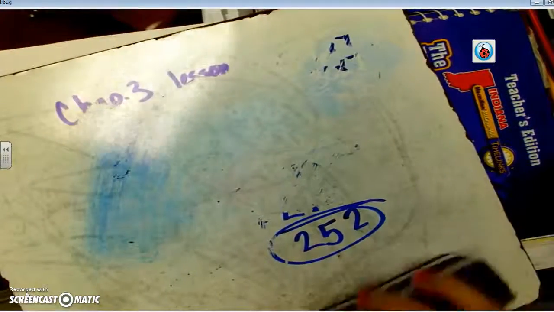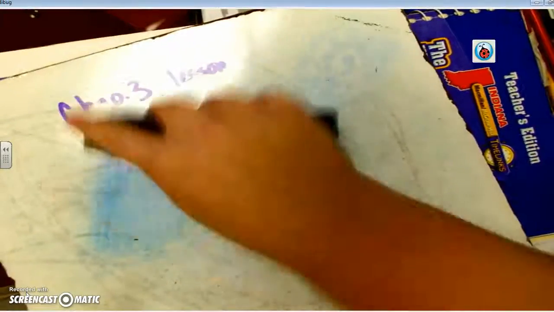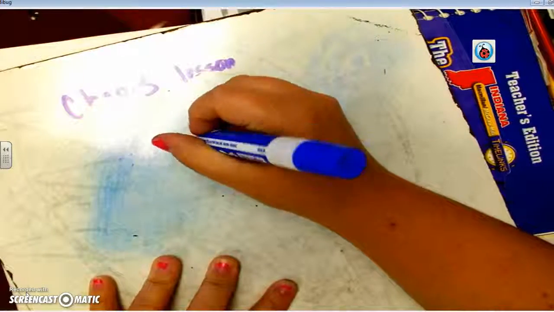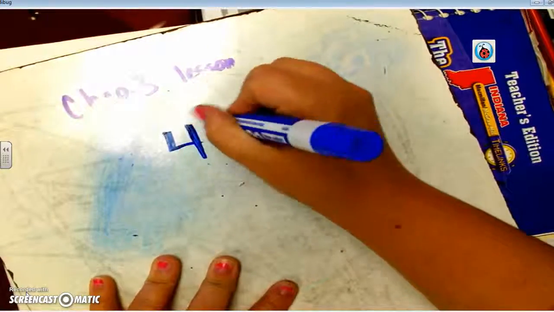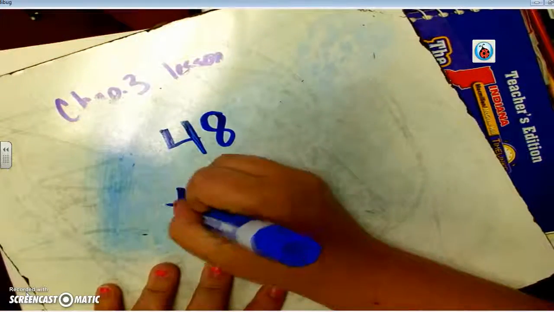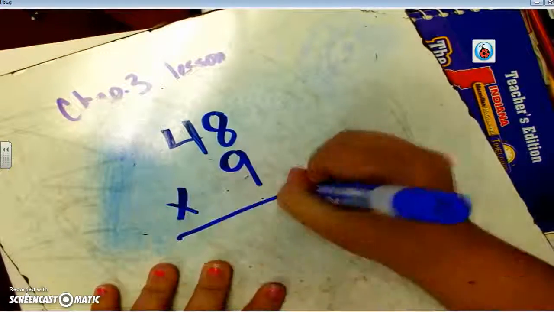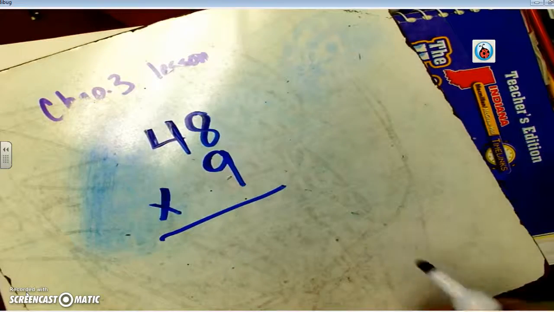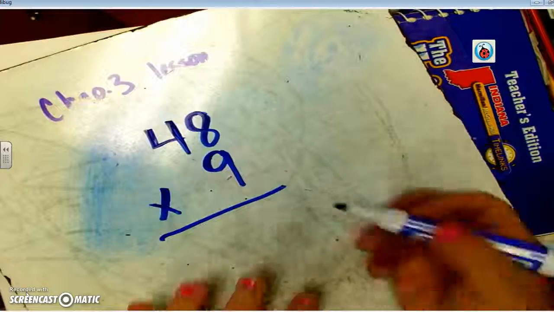Let me show you another quick example. So if I had something that looked like 48 times 9. We're going to do this both ways. You can do it with me, that way you're checking my math in case I make a mistake.